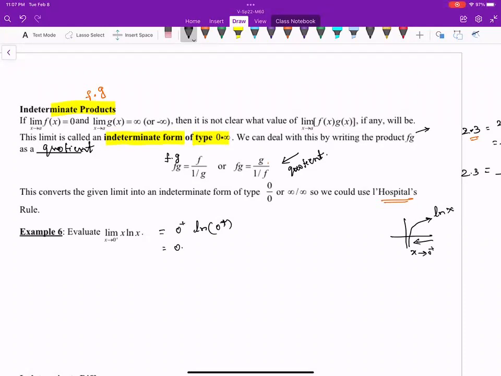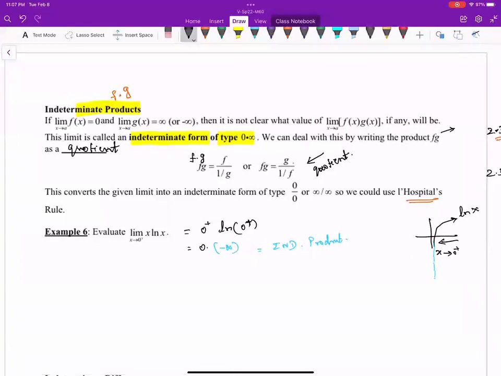So you notice that when you allow x to approach 0 from the right side of 0, ln of x approaches negative infinity. So 0 times negative infinity is neither 0 nor infinity or negative infinity. So it is an indeterminate product kind.